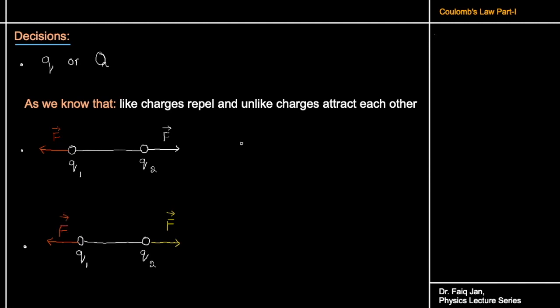And if one of the charges Q1 or Q2 is negative, the force will be attractive and be drawn in the same fashion by putting the tail of the force on the charges, but this time pointed inward.